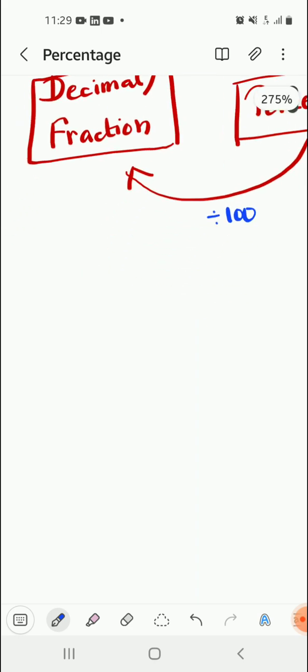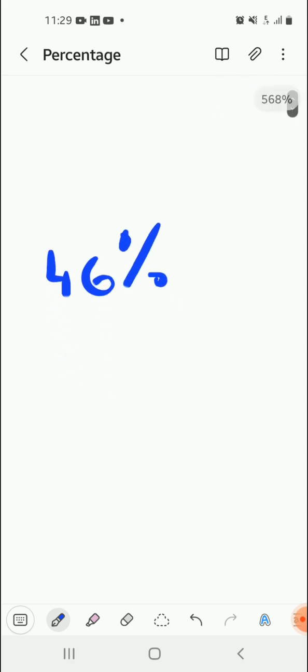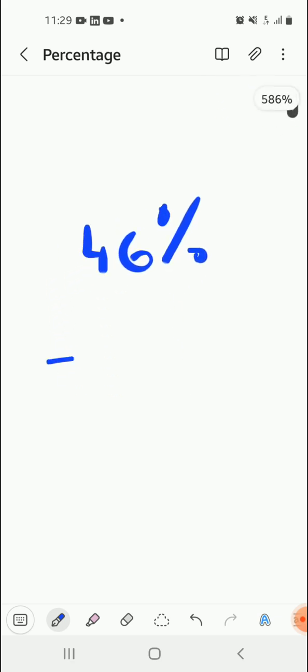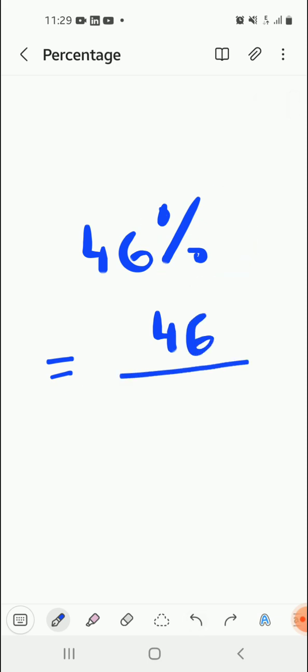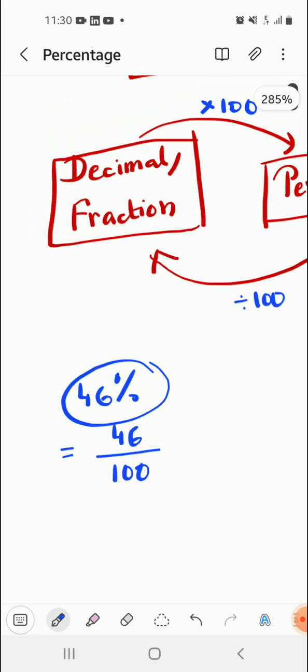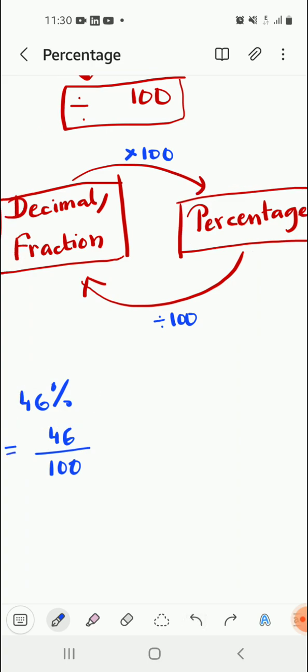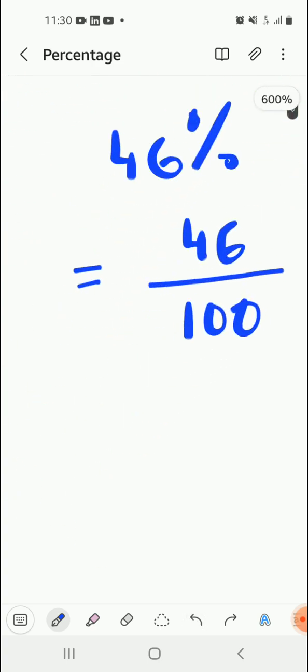For example, if we are asked to convert 46% into fraction, the percent sign means divided by 100. So 46%, you have to convert the percentage to fraction, which means divided by 100. That is why we are dividing it by 100.